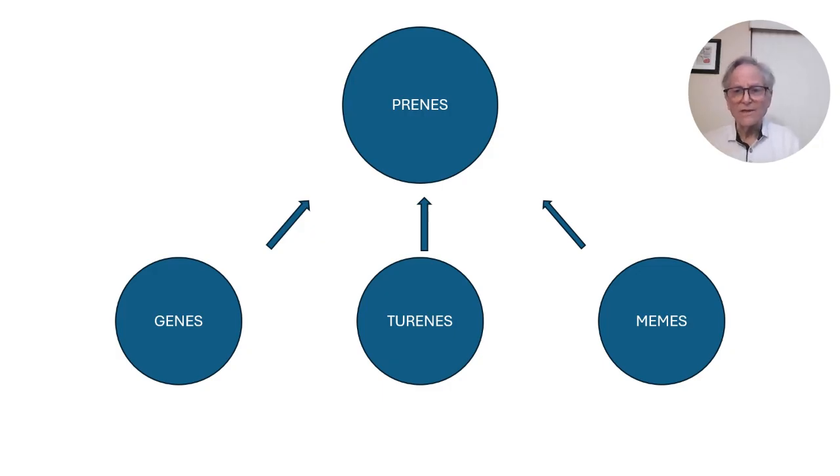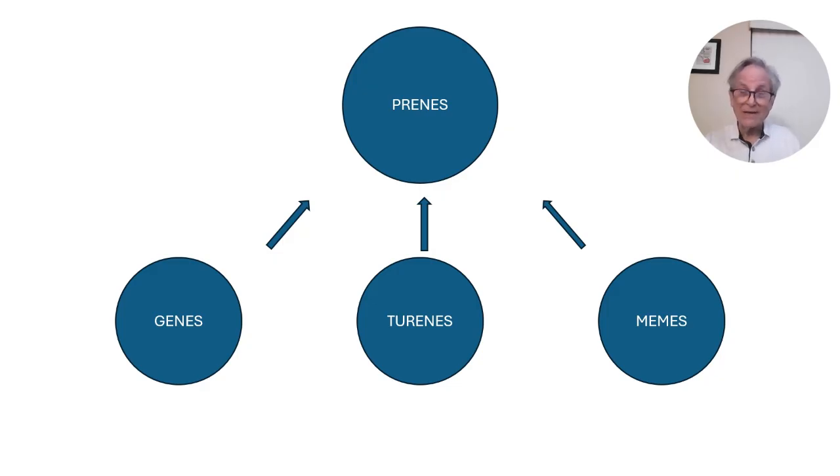So how did all of this come about? Recall that we had genes, memes, and turenes to begin with, but that it seemed as if they all had a similar theory, and further, that they were all just special cases of perhaps something more general. And that turned out to be the case, and these more general things were called prenes.